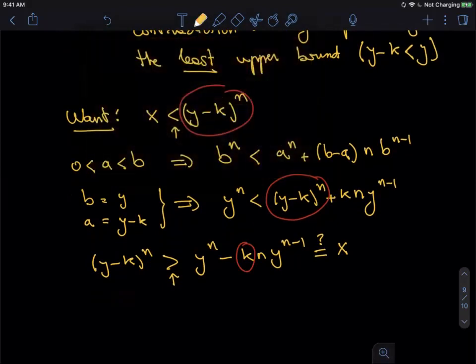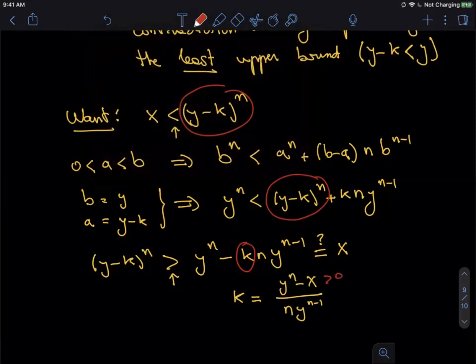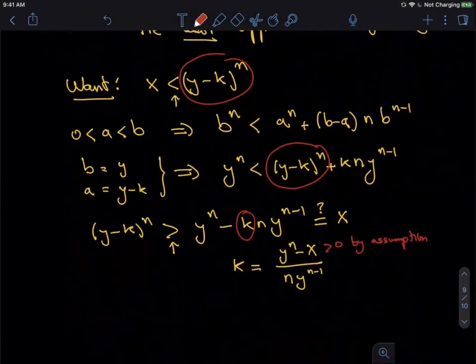The only degree of freedom we have is k. So let's see if we can solve for k. So k would be (y^n - x) divided by n y^(n-1). This is positive. Okay, why is this positive? Because the numerator is positive by the assumption. This is by the contradiction assumption. Remember, we are in the case y^n bigger than x. This does it. This is positive, perfectly good.